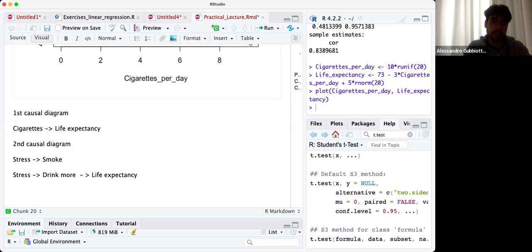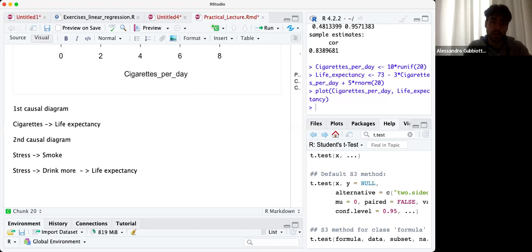So we want to collect data to decide which one is true.